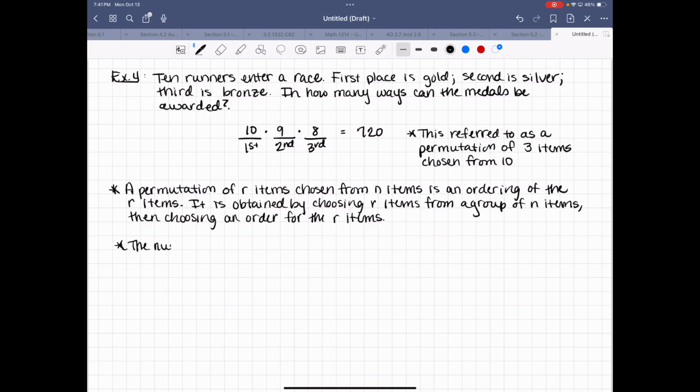The number of permutations of R items chosen from N is denoted NPR.